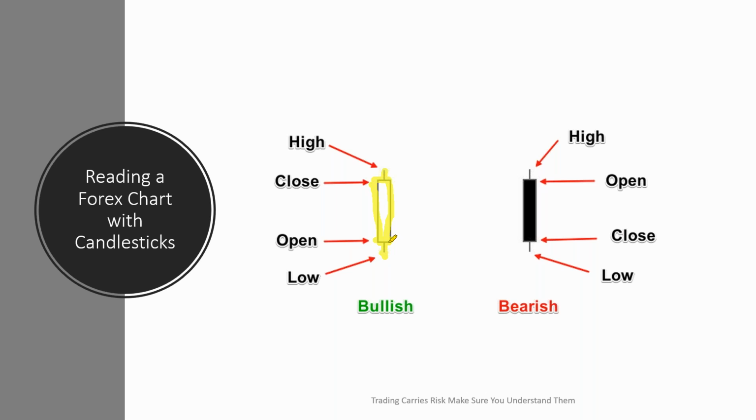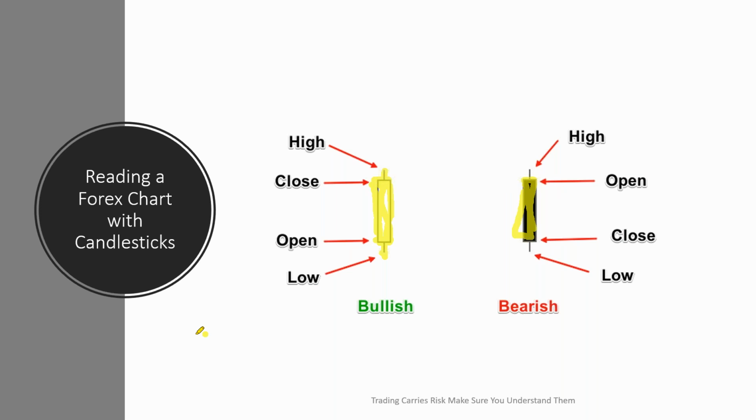If we step up from the open to the close, that's a bullish candle, and we fill it in with green. If we step down from the open to the close, that's a bearish candlestick, and in today's market, we fill it in with red. In the old days, it was a black and white system because it was easier to use the side of your pencil. And this gives us the bearish signal.